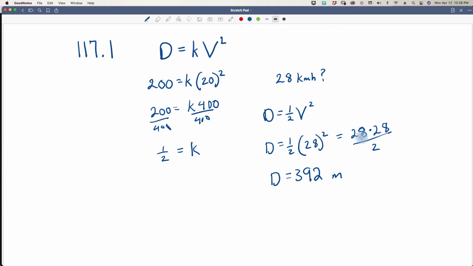Okay, so that one was pretty easy. Let's see what 117.2 has in store for us. It says, the distance a body falls varies directly as the square of the time that it falls.